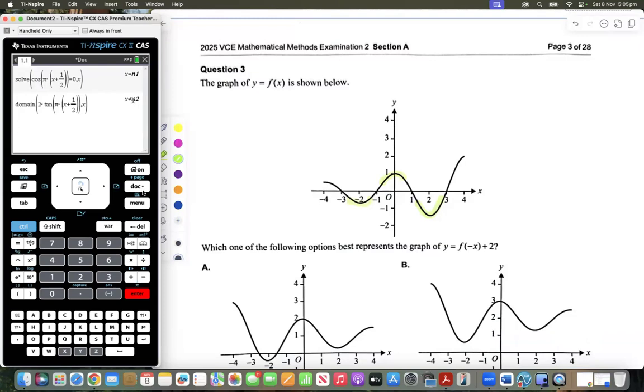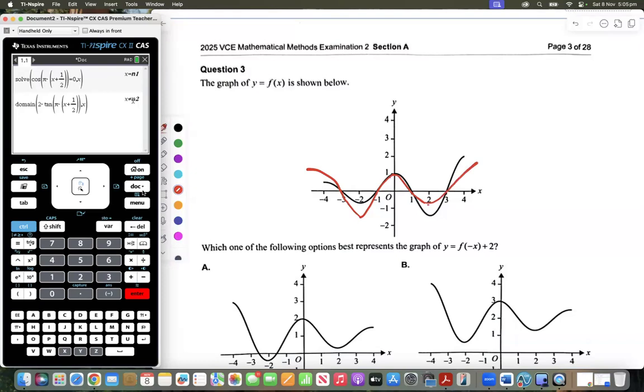Probably what we can do is reflect this graph across the y-axis. If we do that, it's hard to draw. Actually, it should go up to here, I believe. It should be like this, and that will come over here.